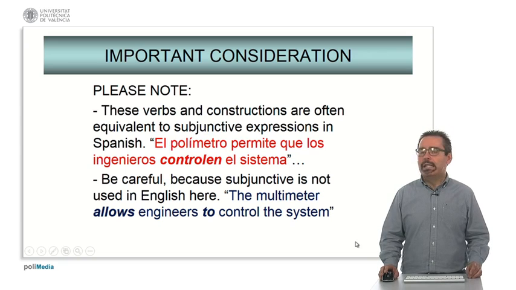In English we have no subjunctive constructions, but we have subjunctive equivalent expressions, the ones we saw, and we have to use the correct expression, but without thinking of the subjunctive expression in Spanish. In other words, not translated directly from Spanish. And here, this would be expressed in English with this example: The multimeter allows engineers to control the system.